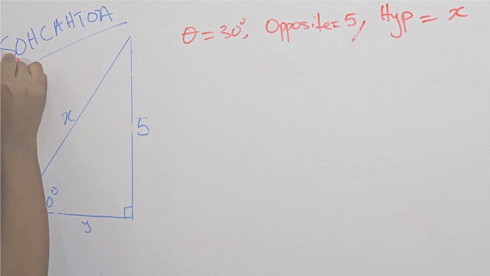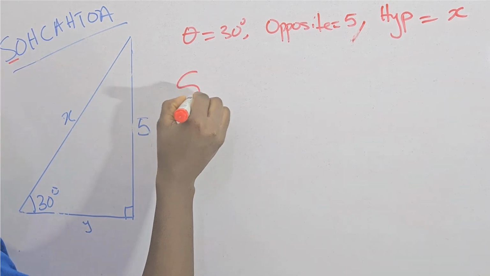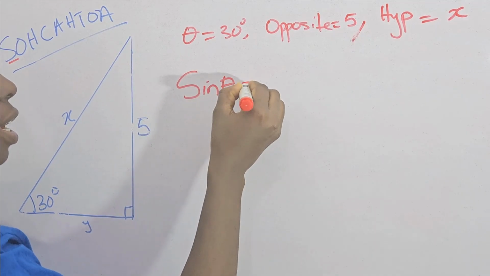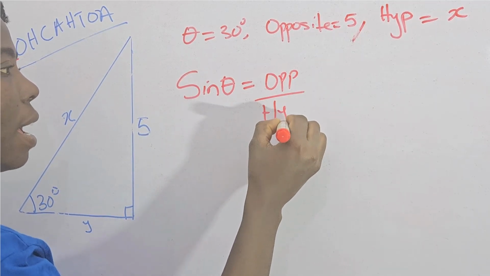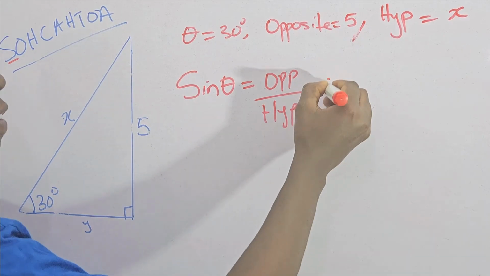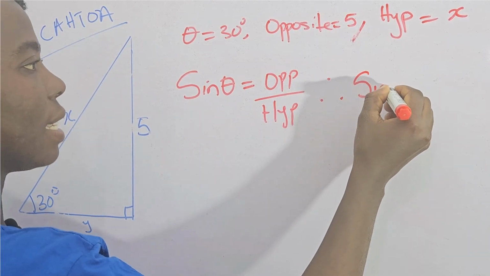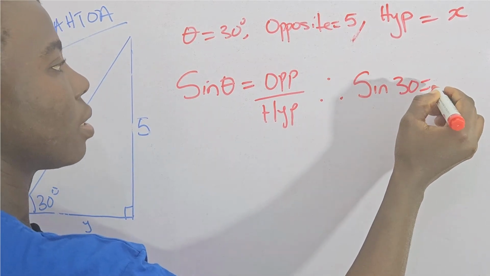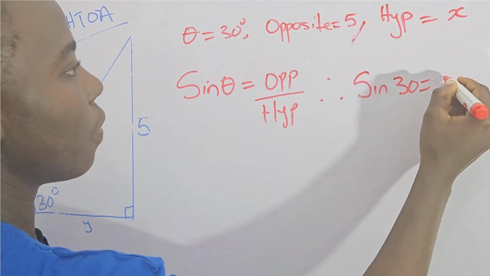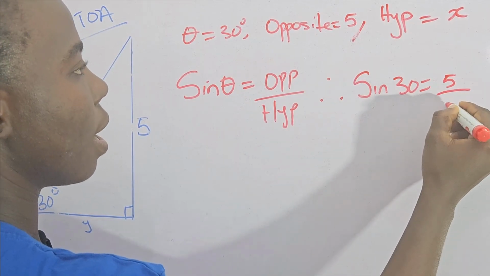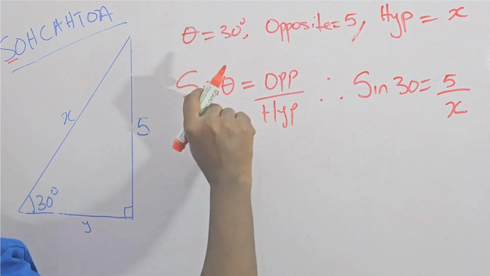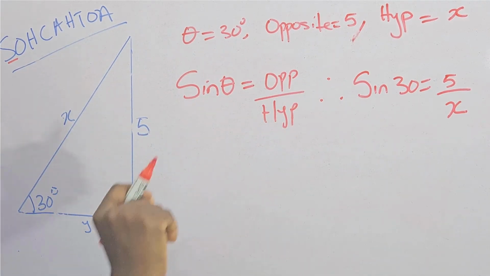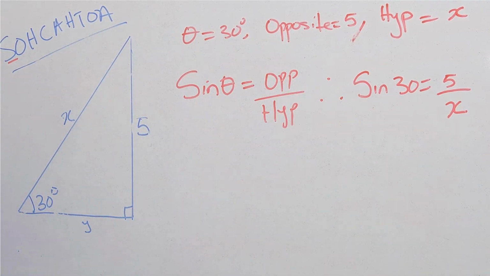Yes, sine combines those. The sine ratio says sine of an angle equals opposite divided by hypotenuse, right? Therefore, our sine 30 equals what? What's the opposite? 5 over hypotenuse x. So we have successfully chosen the right ratio to use, and we have written out the formula.